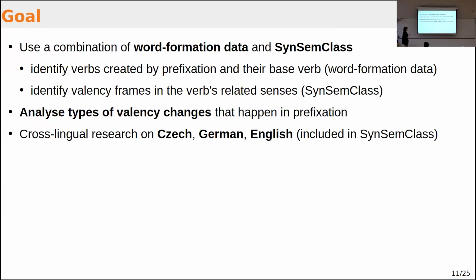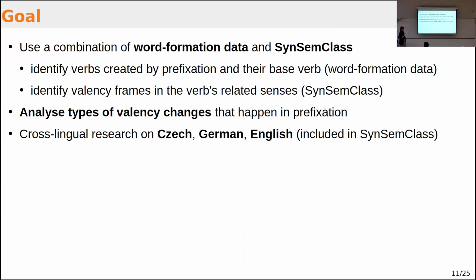So I want to approach these difficulties and try to solve them using a combination of word formation data and the SynSemClass lexicon, which I will talk about in the following slides. The word formation data allow me to identify verbs created by prefixation and their base words.